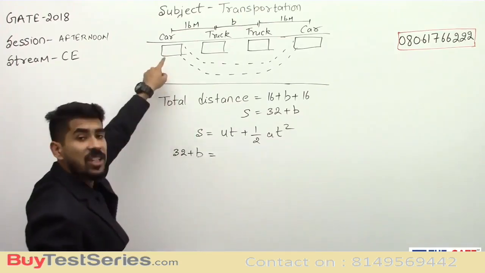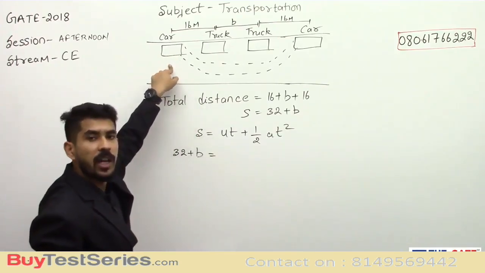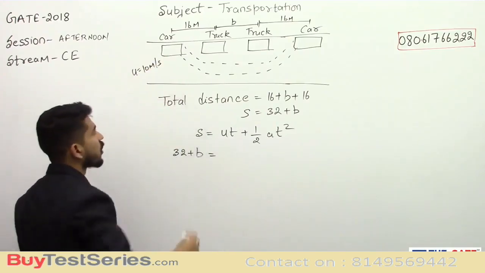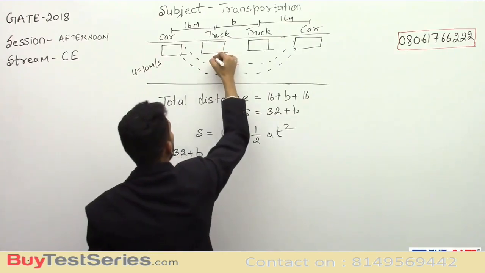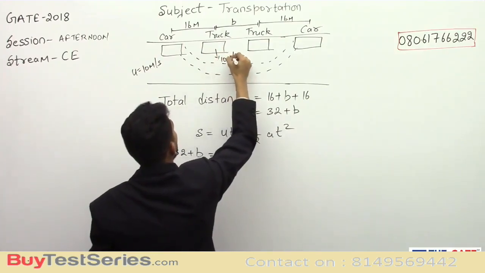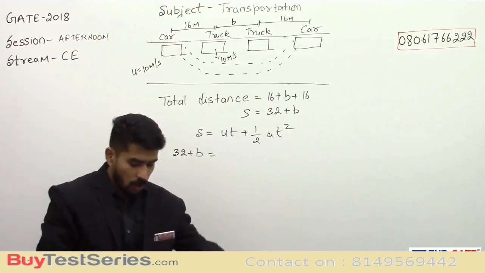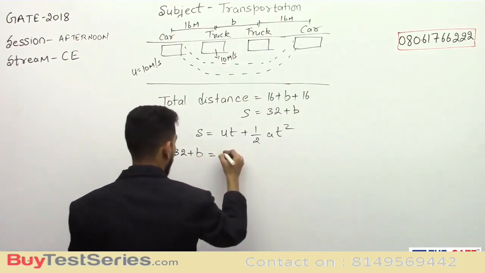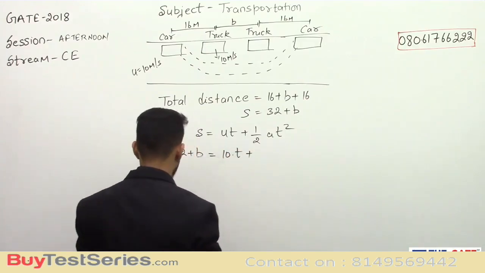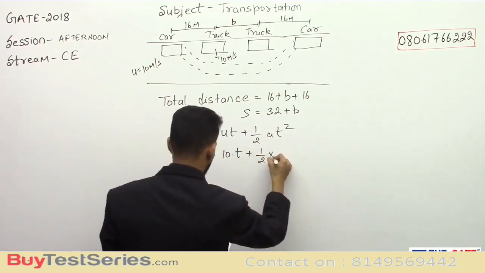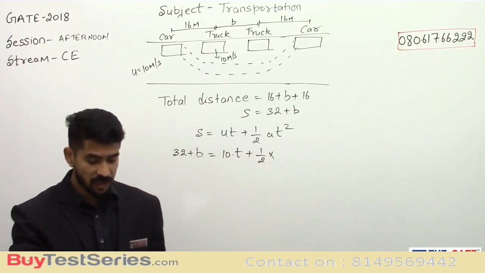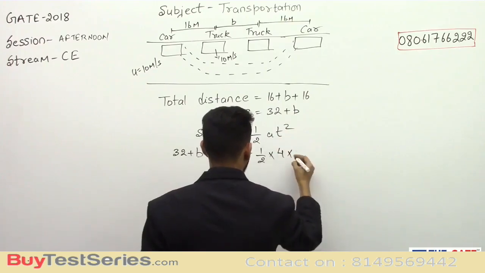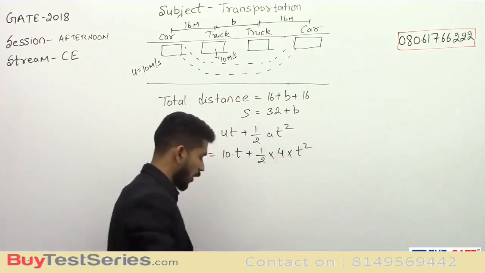U is the initial speed of the car, which is given as 10 meters per second. The velocity of truck is also given as 10 meters per second. So this is 10 into T plus half into acceleration. Acceleration is given as 4 meters per second square. So this is 4 into T square.